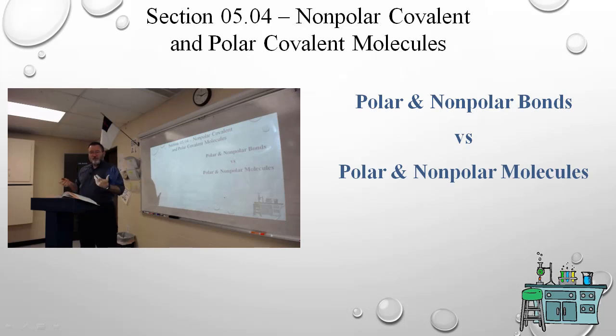And so some books and courses teach that if the difference between the electronegativities is really small, even though they're different, they still consider it to be a nonpolar bond because the sharing is almost equal. If the difference between the electronegativities is pretty great, then they call it a polar bond. And then they take it to an even farther extreme. Now, what do you think an ionic bond looks like?